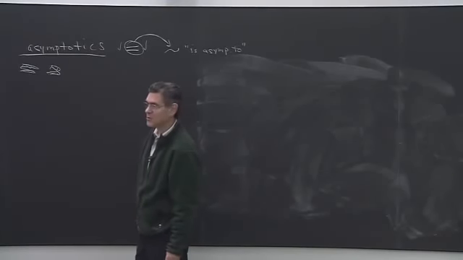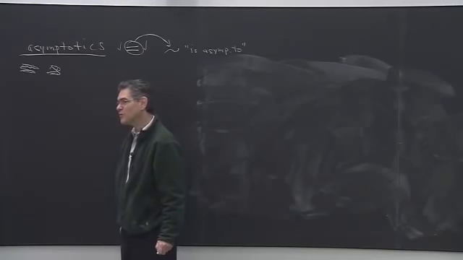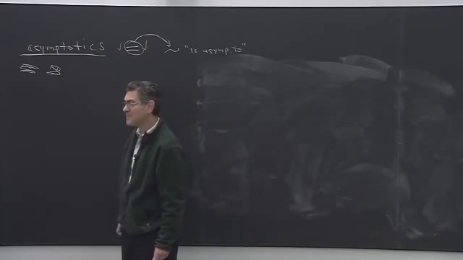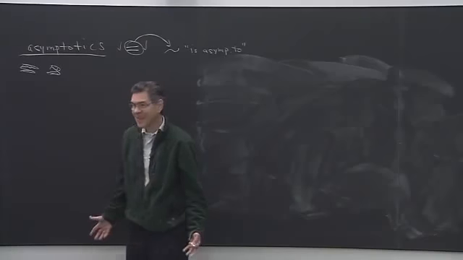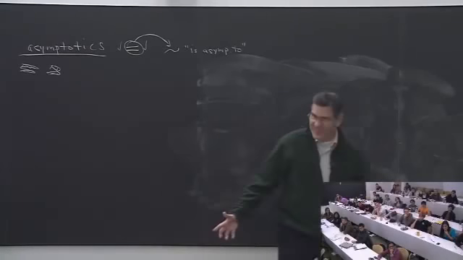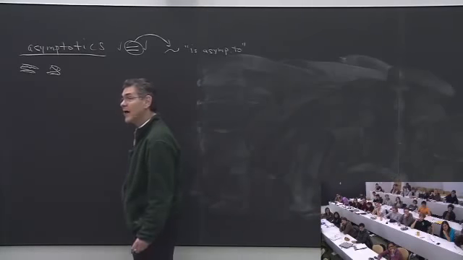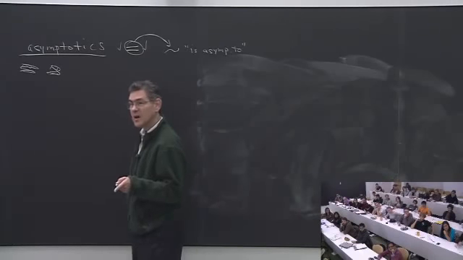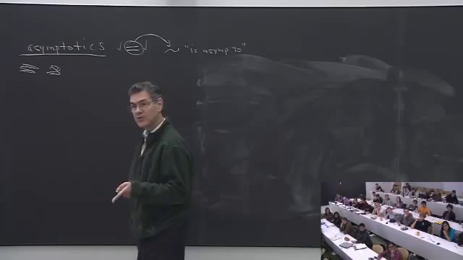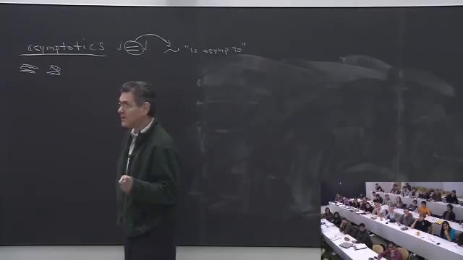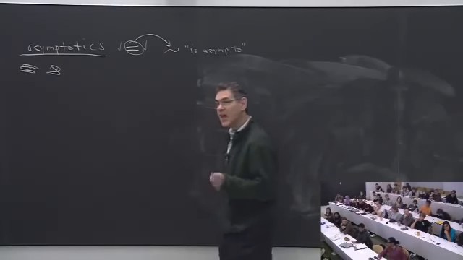Is 3 approximately equal to 4? That's a ridiculous question. Of course it isn't. 3 is 3, 4 is 4. Of course, it is true that the square root of 3 approaches 2 for large values of 3. But in general, 3 is not equal to 4.